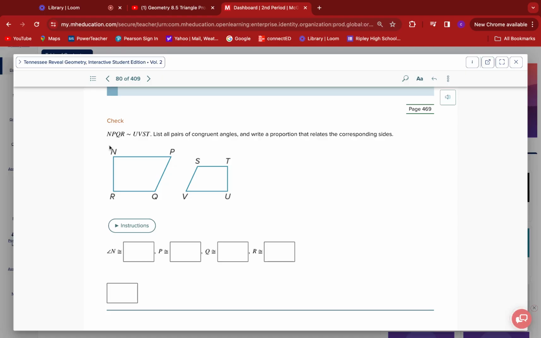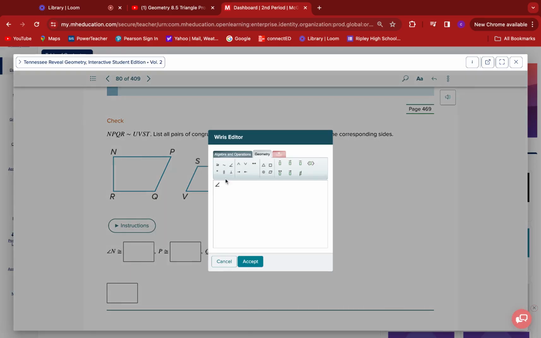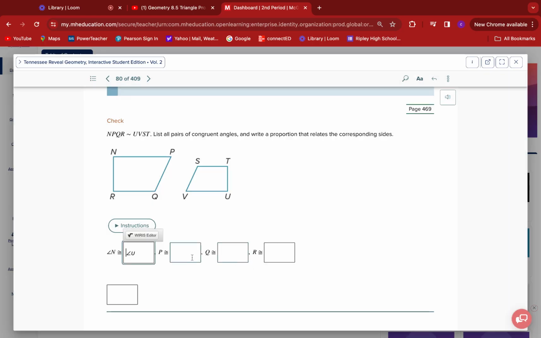Okay, so angle N is what they say first. That is the first letter. So what matches up to the first letter in the reduced figure? U is correct. So angle U. All right, then they say P. P is your second letter. So what angle matches up?